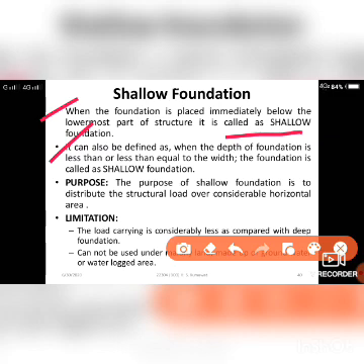Shallow means that depth-wise it is lesser. The second definition says that when the depth of the foundation is less than or equal to its width, the foundation is called a shallow foundation.